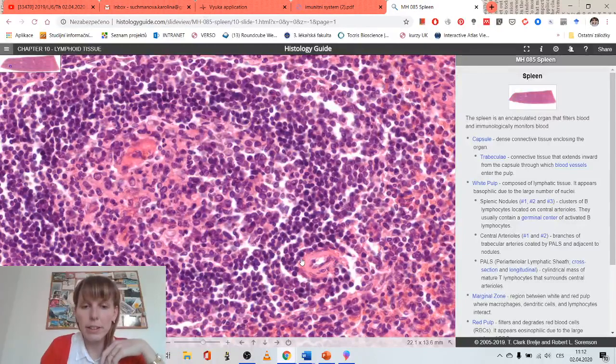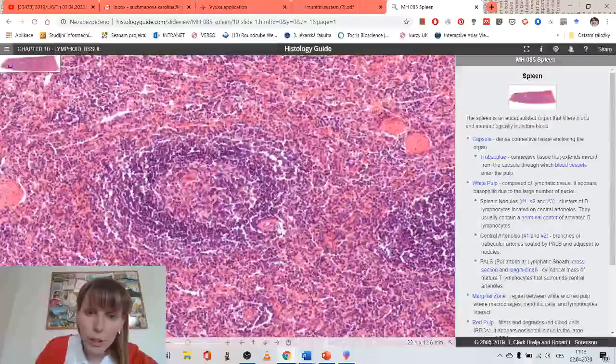Never right there. So this is the central artery, and therefore around it, this region will be the periarterial lymphatic sheath with T lymphocytes. So if you are asked to find T lymphocytes, point somewhere around the central artery. For B lymphocytes, point anywhere else in the lymphatic follicle.